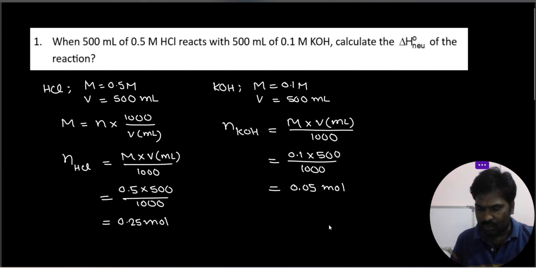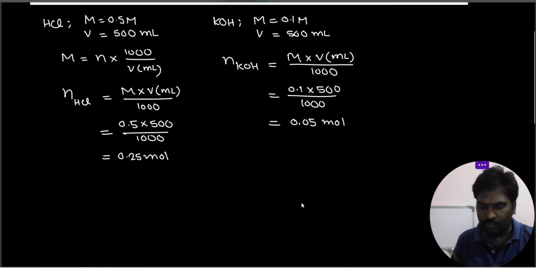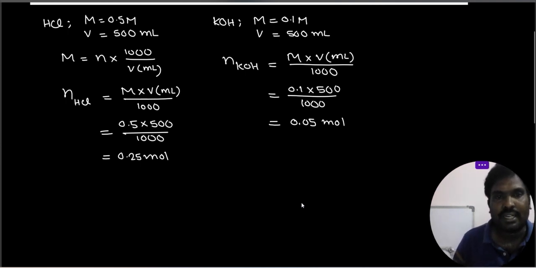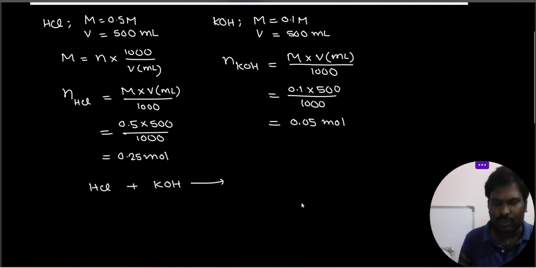Now observe once. How many moles of HCl react with how many moles of KOH? 0.25 moles HCl react with 0.05 mole KOH. Now write the balanced equation. HCl plus KOH giving rise to KCl plus water.